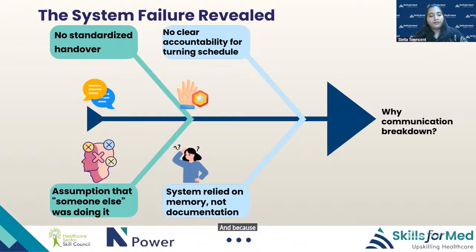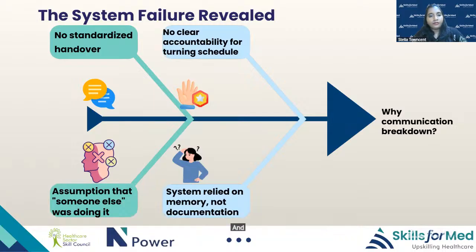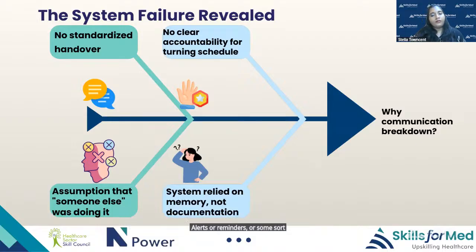And because there was no documentation, the nurses were expected to remember to turn every 2 hours, which is very, very difficult because, as you already pointed out, there are staff shortages, and it is very difficult to remember unless there are some alerts or reminders or some sort of documentation.